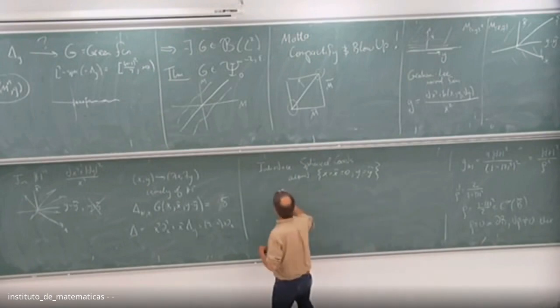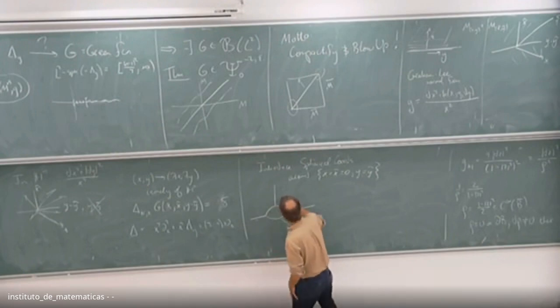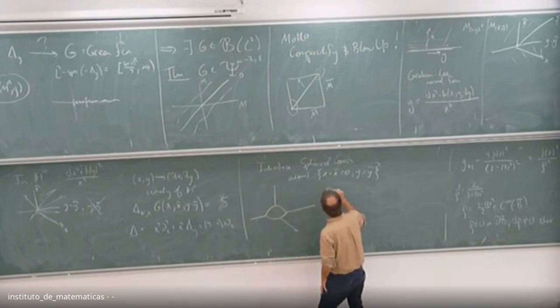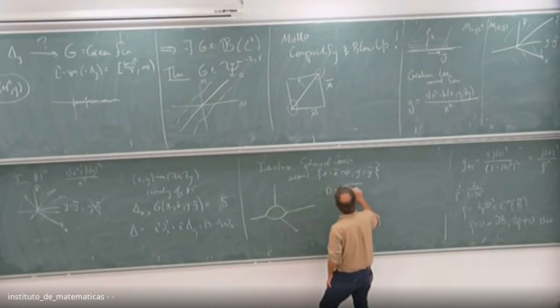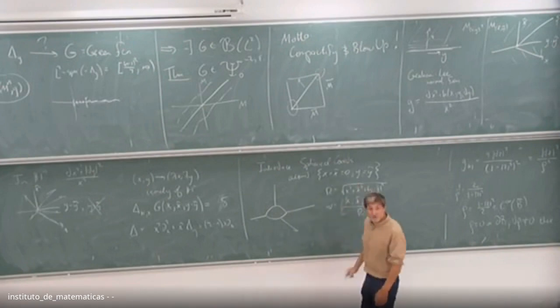Namely, here I introduce spherical coordinates and I want to add in the r equals 0 face. So I have, let's say, r, which is equal to the square root of x squared plus x tilde squared plus y minus y tilde squared, and omega, which is equal to x tilde, y minus y tilde, divided by r. These are spherical coordinates.